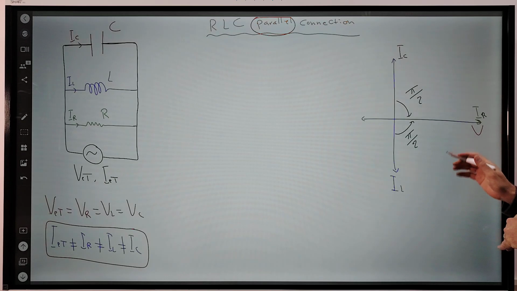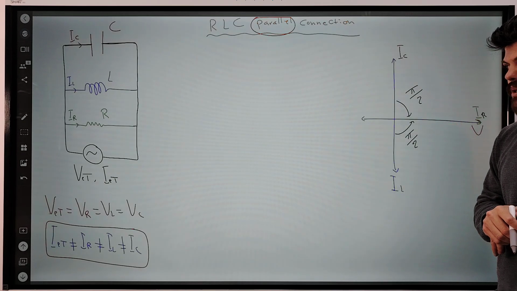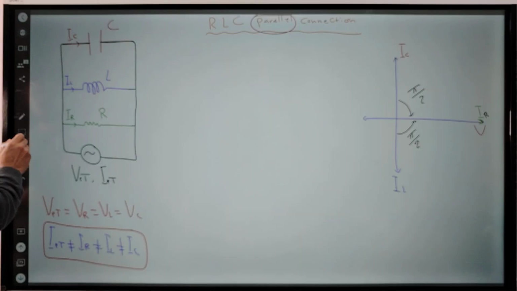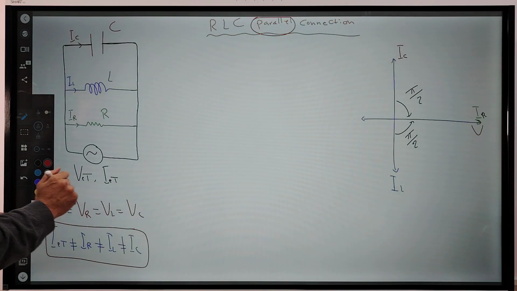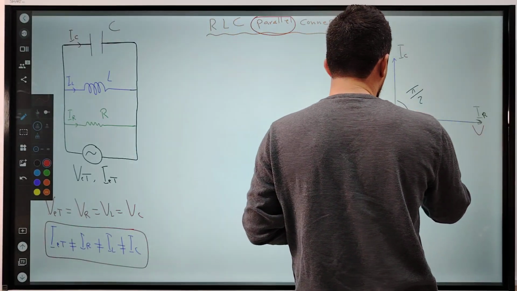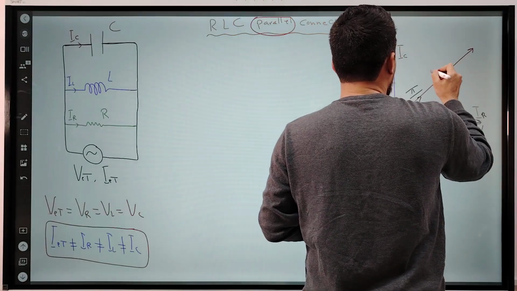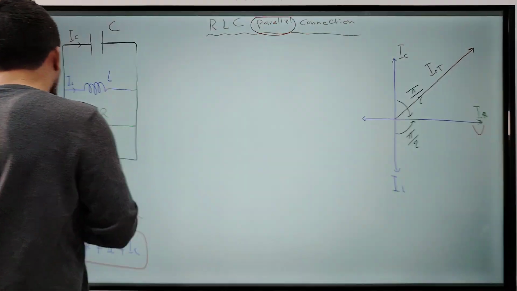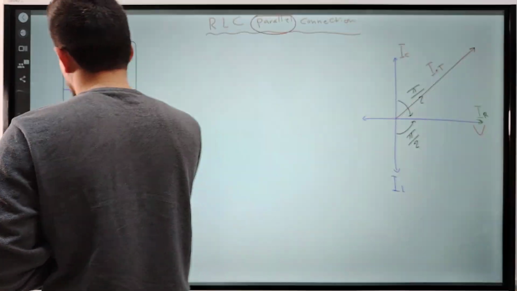Now, according to the Pythagorean theorem, can we calculate the total current or the current across the source? Yes. I total, or I effective total, is equal to what? According to the Pythagorean theorem, we can make a right angle triangle here.